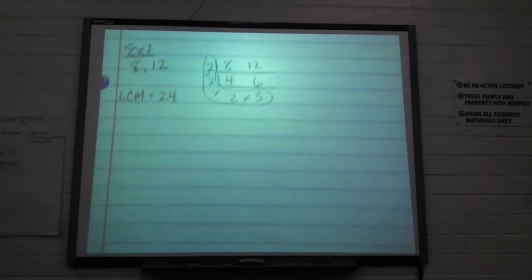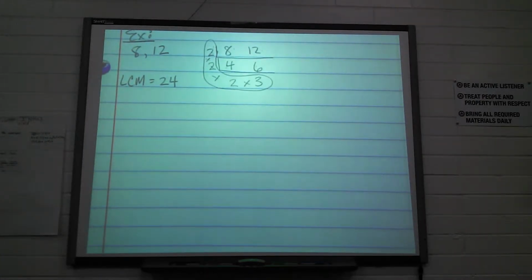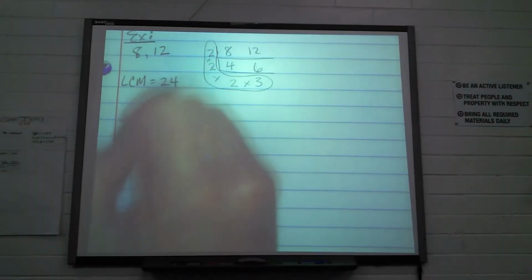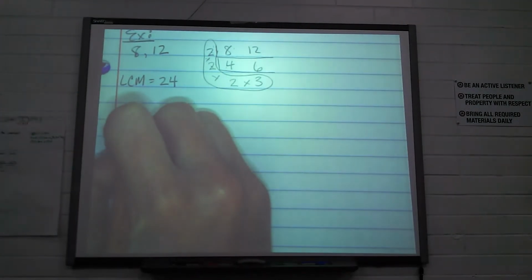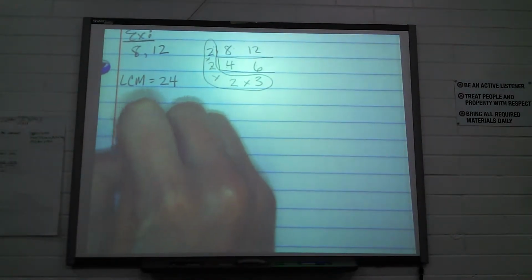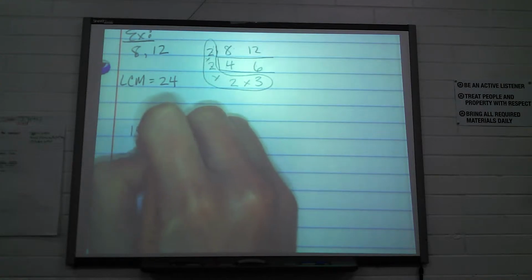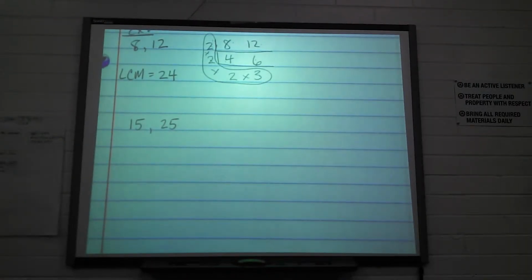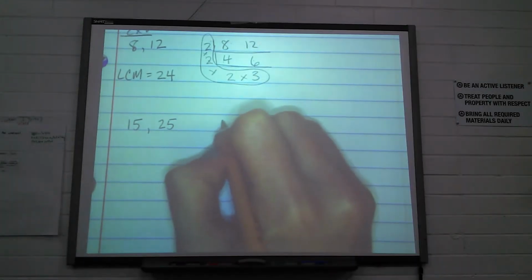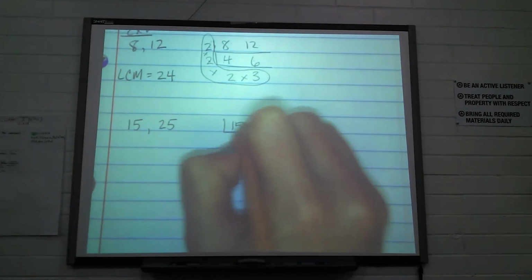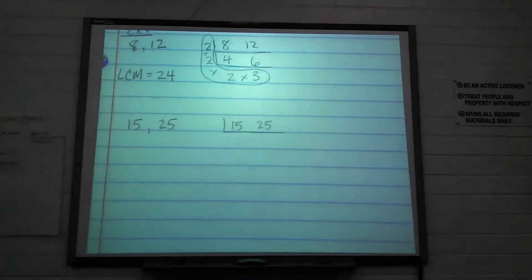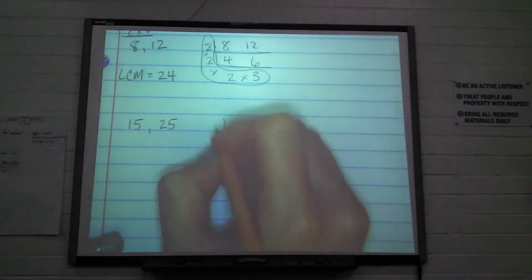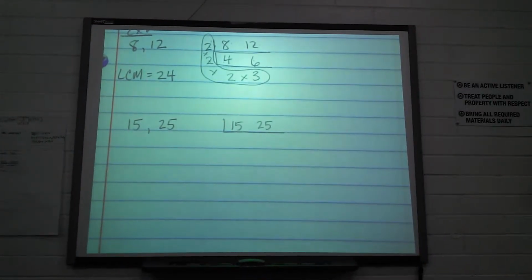Okay, let's try another one. Let's find the least common multiple for 15 and 25. Okay, so once again, I'm going to put these two numbers in my division ladder. 15 and 25. Does 2 go into both of them?